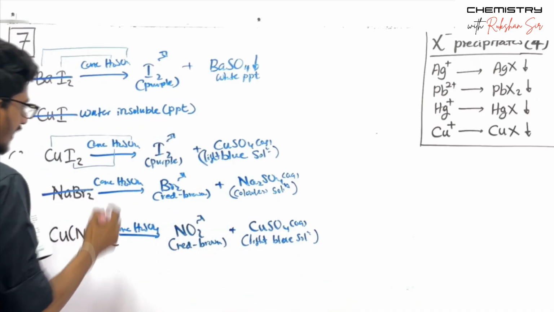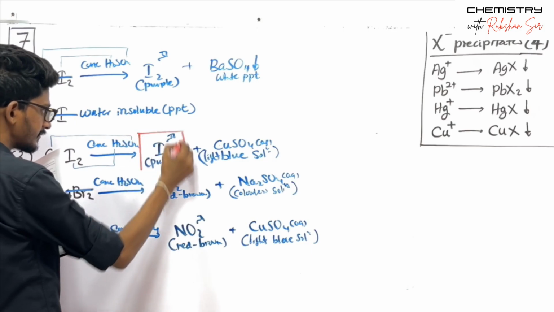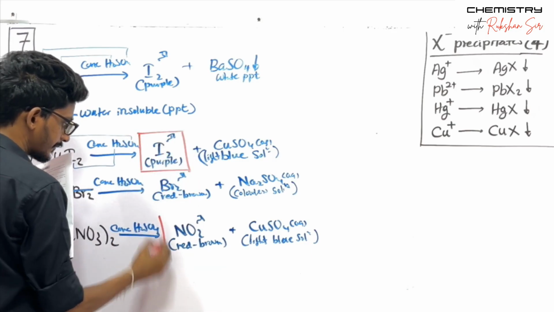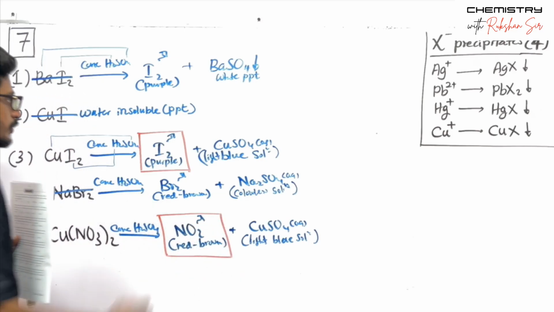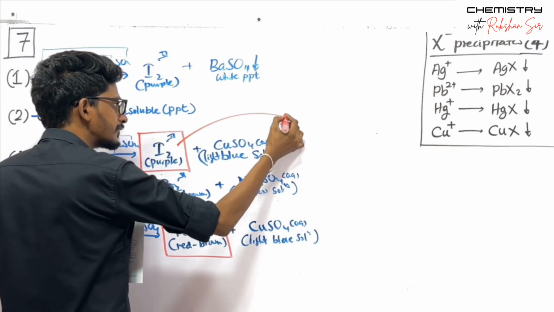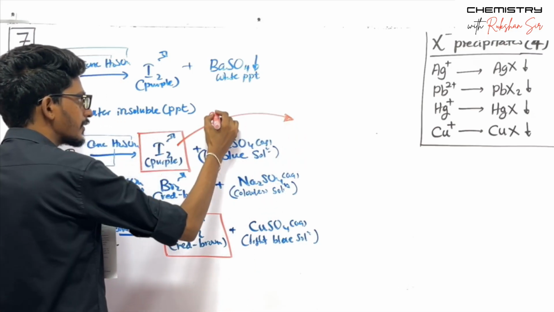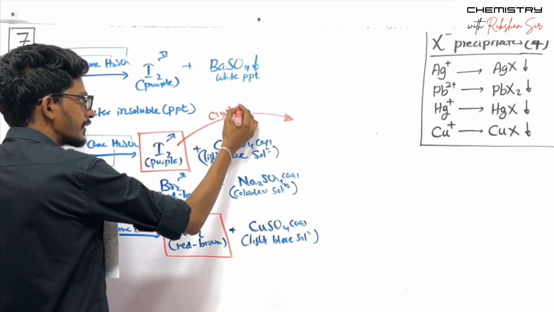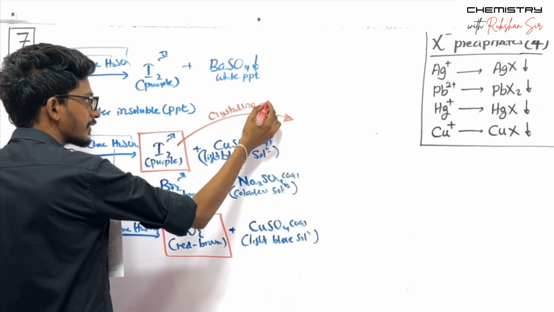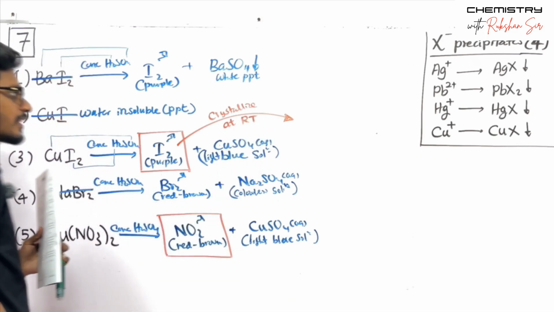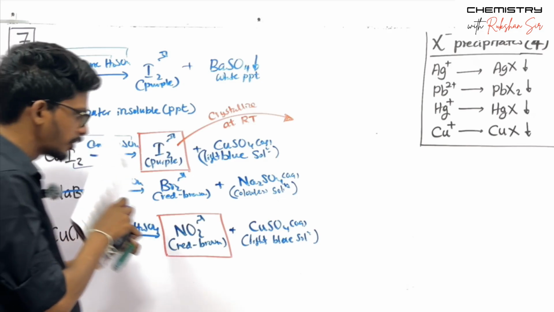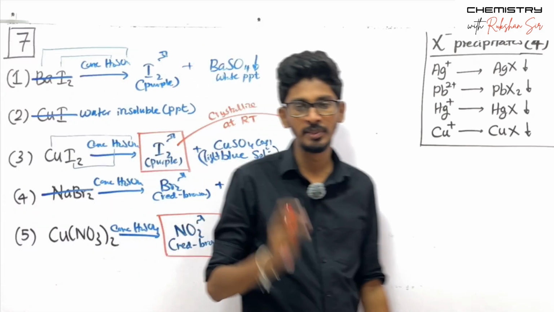So this is the colored gas. That is about I2. It crystallizes at room temperature. You know I2 is a solid at room temperature.